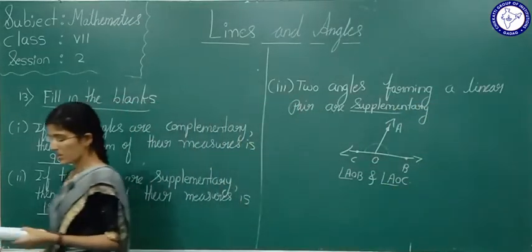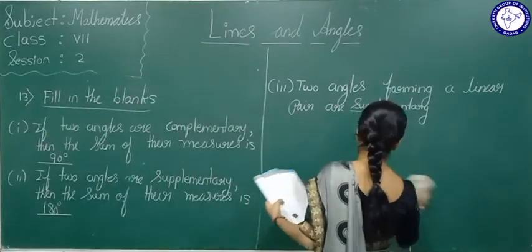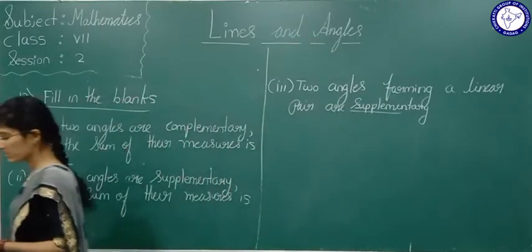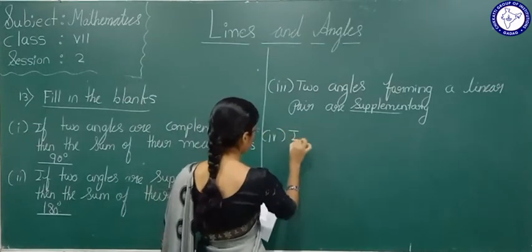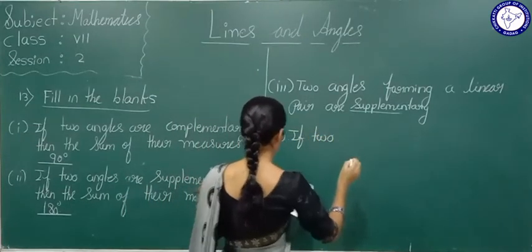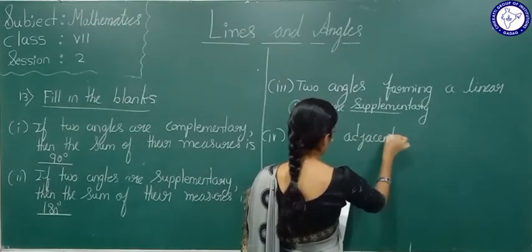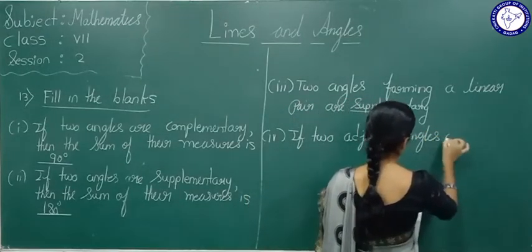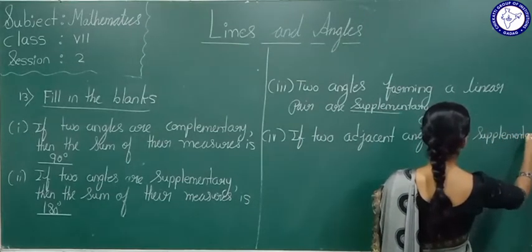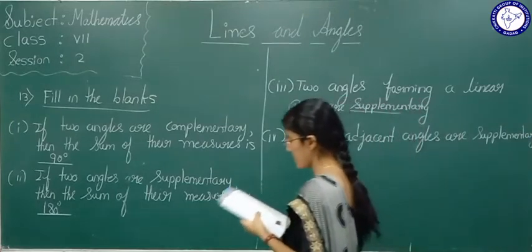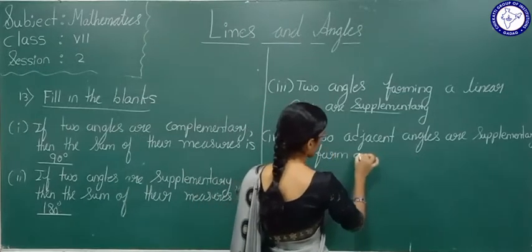Okay. Now see the fourth one. If two adjacent angles are supplementary, they form a dash.